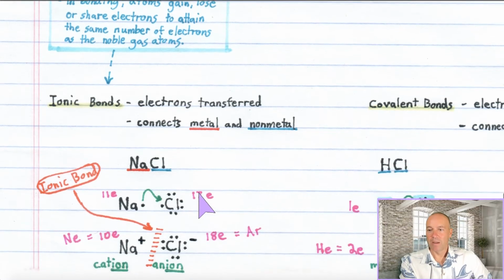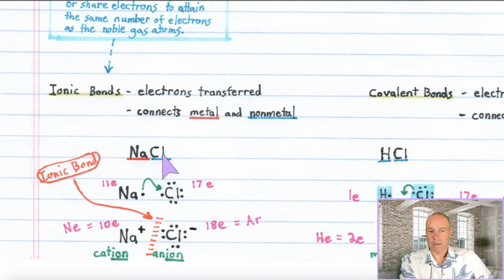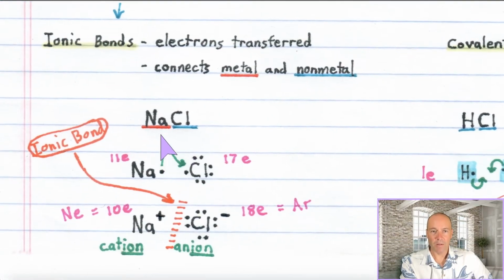So let's look at sodium chloride. Here you have the formula for an ionic compound. You have your metal and nonmetal, sodium chloride. The ratio is 1 to 1. 1 sodium for every chlorine. Now, let's look at the electron dot structure of sodium and chlorine separately. Sodium atoms have 1 valence electron because it's in group 1A.